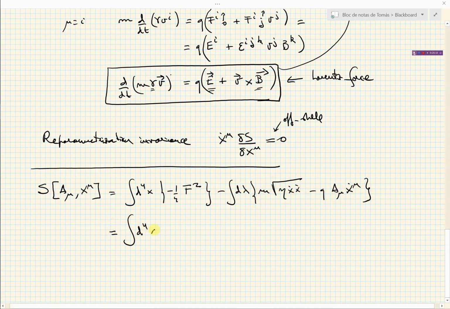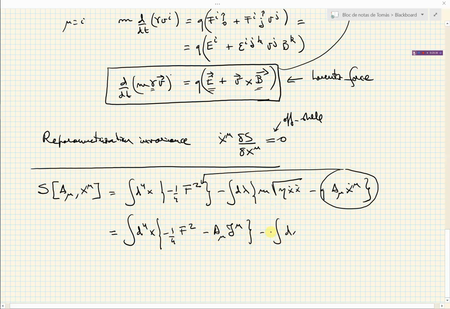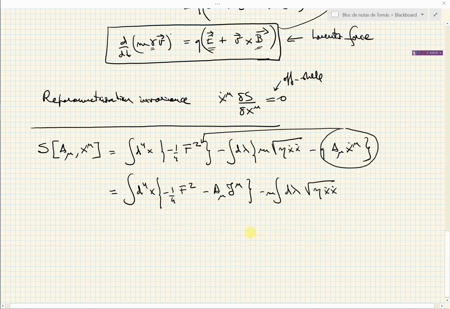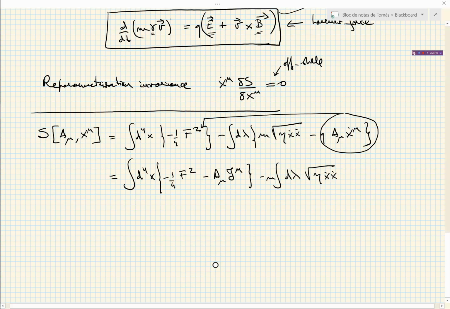We can take this term and put it inside of this volume integral, in this form. So we write this as minus A_mu J^mu, and the kinetic term of the particle just stays apart.